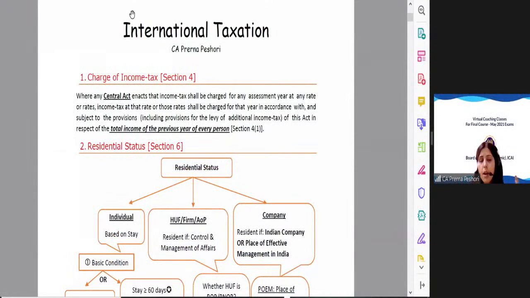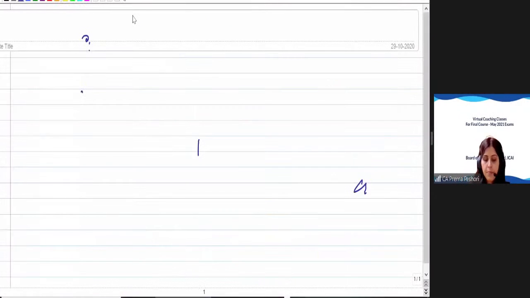Our charging section throws light on the total income, and because of that the residency provision becomes very important to understand when a person's total income would be taxable in India and when it will not be taxable in India. So I'll take you to section 4 first.